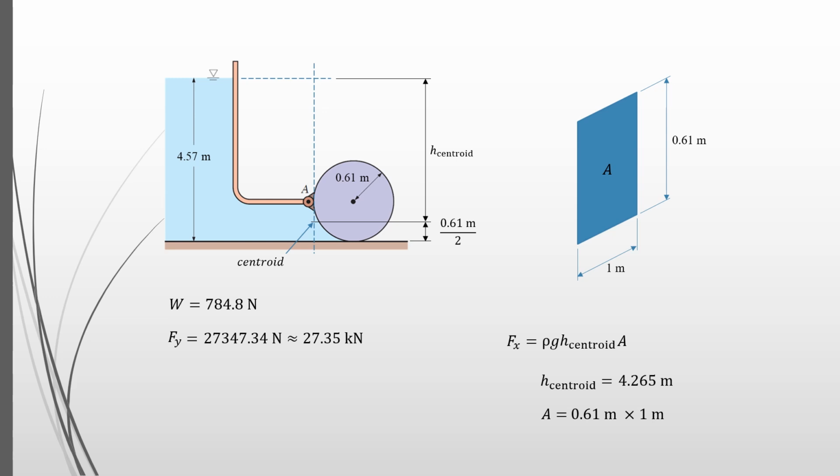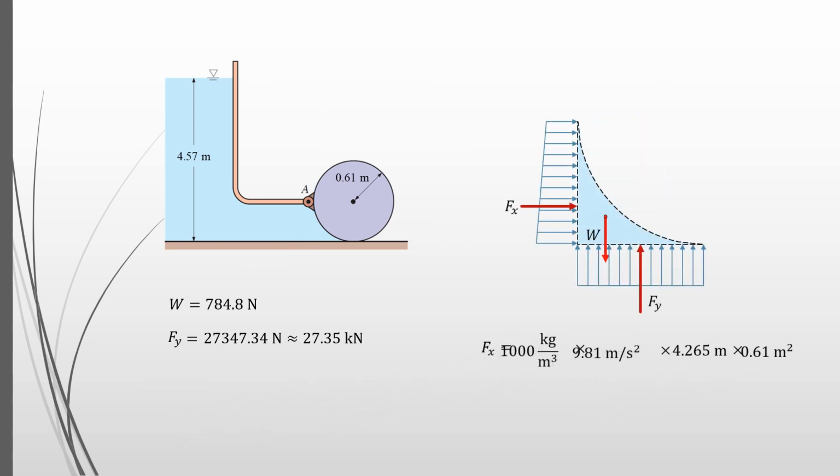The area A, which is the area of the vertical surface, is 0.61 meter times 1 meter. It gives 0.61 meter squared. Now, putting all the values in the equation of Fx, we obtain Fx equals 25,522.17 Newton or 25.52 kilonewton.